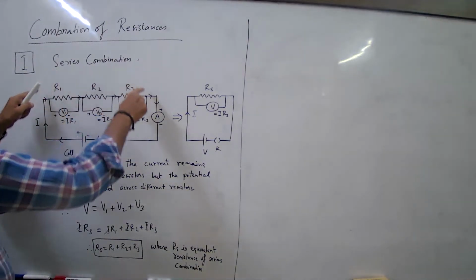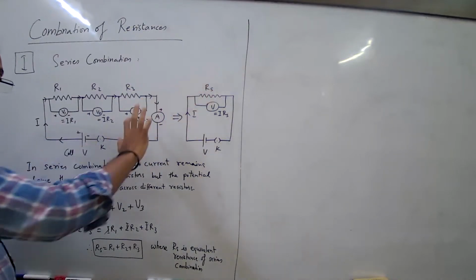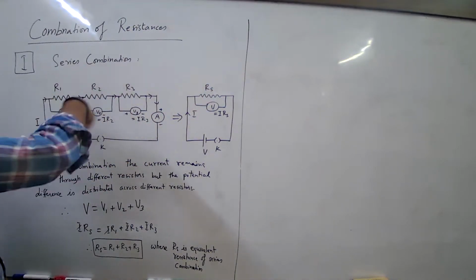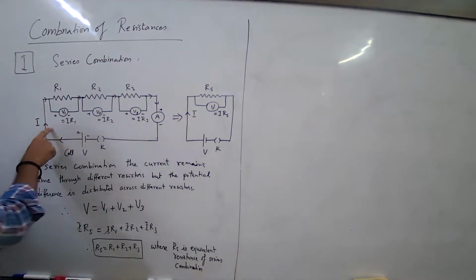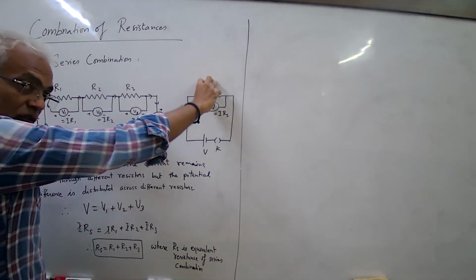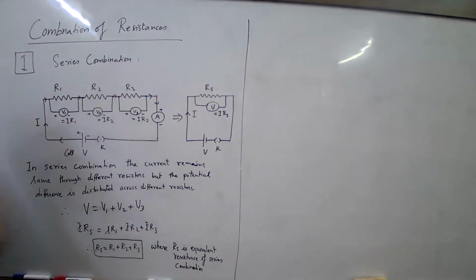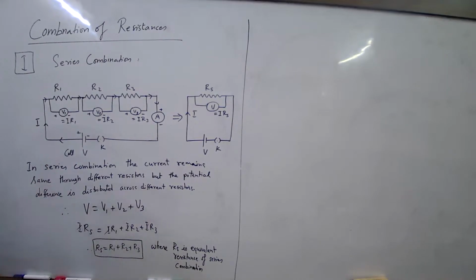If I replace all these three resistances with one resistor RS, it is the equivalent of the series combination of this, because now the current is not changing, the current is the same. That means this one resistance is giving the opposition which three resistances together were giving in series. Is that clear? So what is that equivalent resistance of all these three resistors in series? RS, which is plain addition of this.